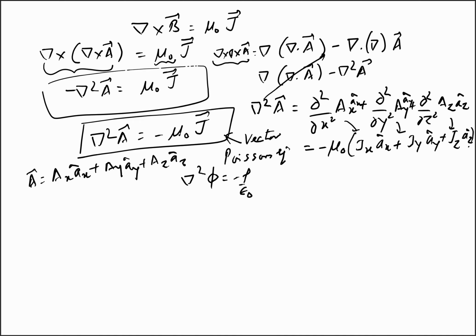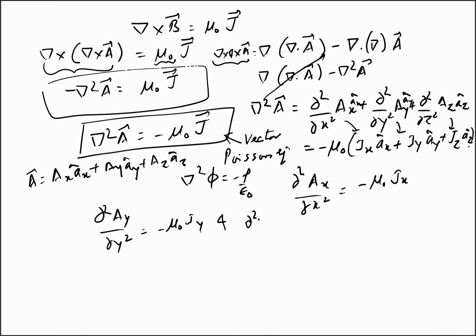So here we are going to have three scalar equations: dou square Ax by dou x square is equal to minus mu naught Jx, at least in Cartesian form it is very simple; dou square Ay by dou y square is equal to minus mu naught Jy; and dou square Az by dou z square is equal to minus mu naught Jz.